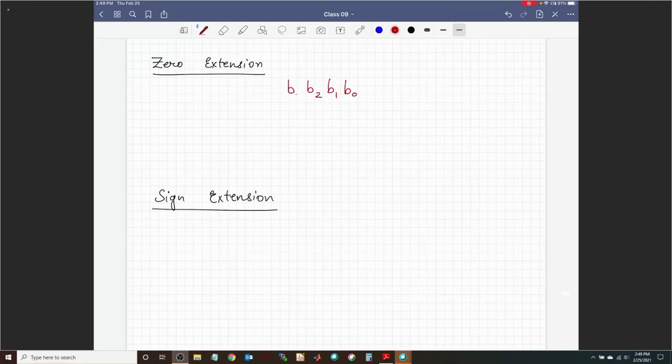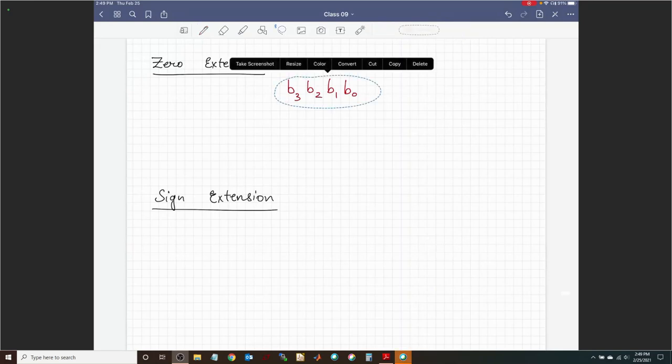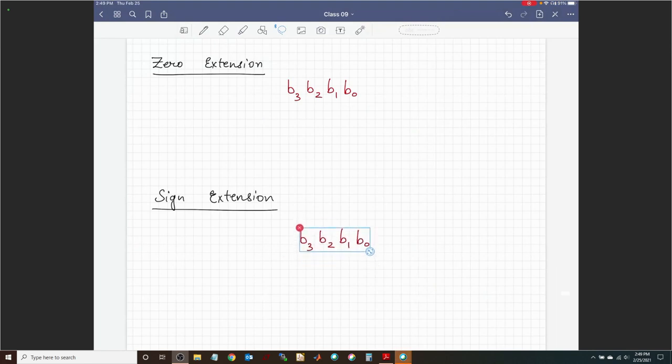I'm just assuming that it is a 4-bit number, and I want to extend it, 0 extension, to 8 bits. So the question is, how do I do that with respect to 0 extension, and how do I do that with respect to sign extension? Each of these are bits.